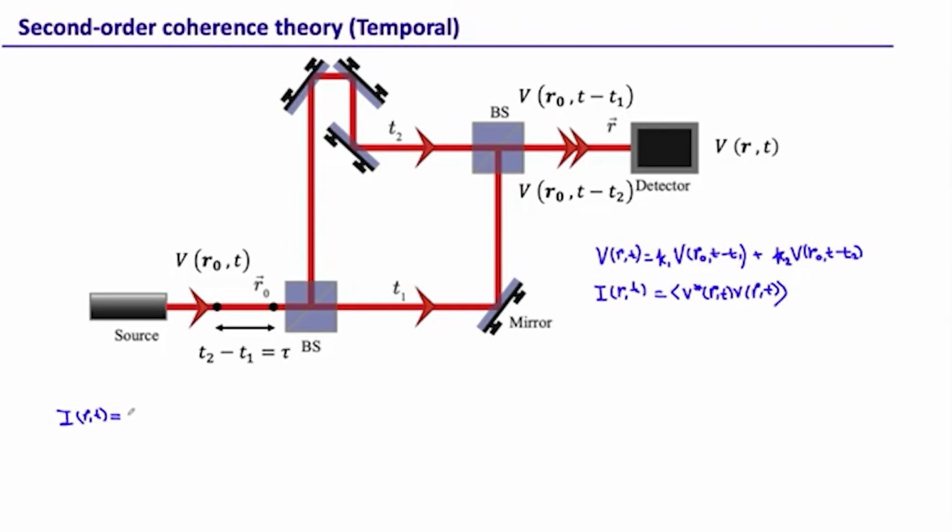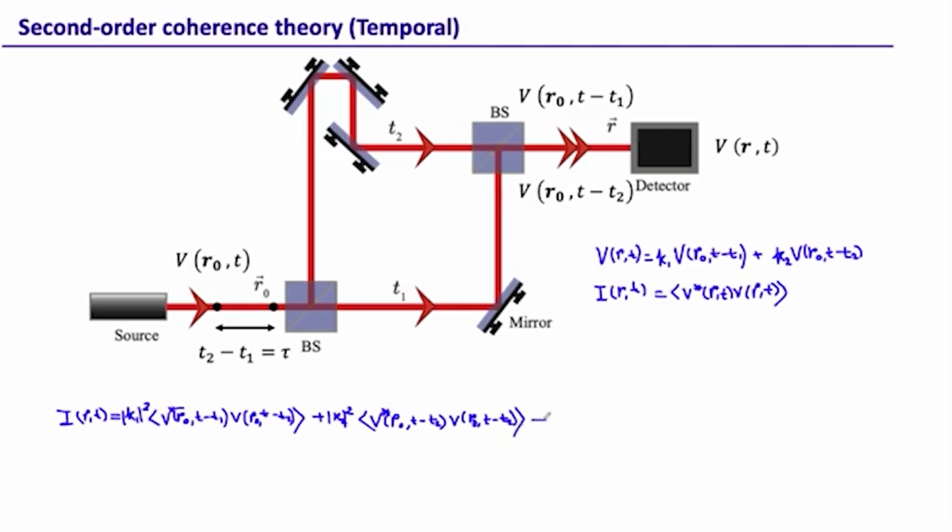The mod square of the first term gives me |K1|² times the ensemble average of V star(R0, t minus t1) V(R0, t minus t1), and from the second term we have |K2|² times the ensemble average of V star(R0, t minus t2) V(R0, t minus t2).